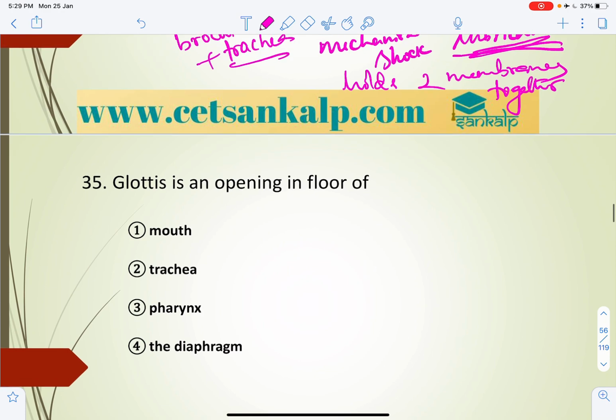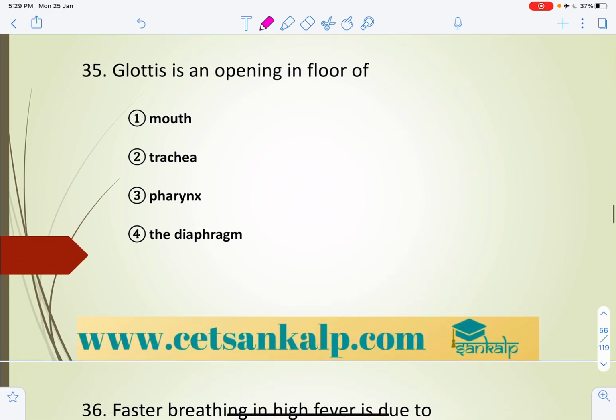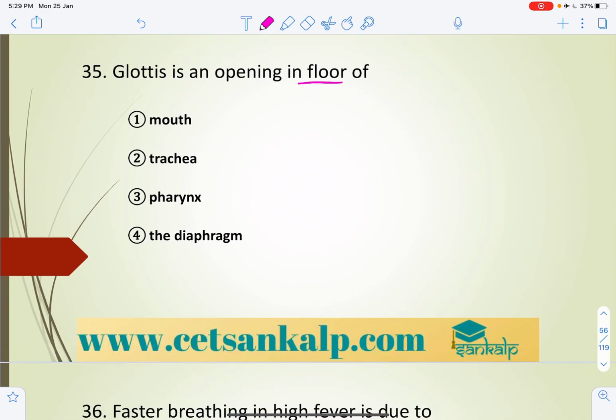Next, the glottis is an opening in the floor of, where does it open? Generally they mention the top region as anterior and posterior, from the floor.